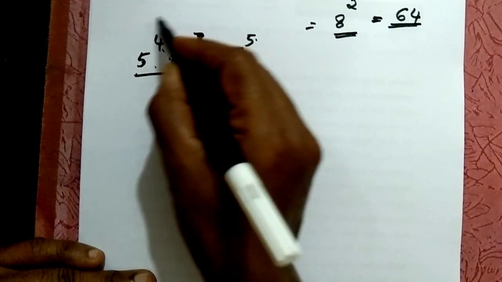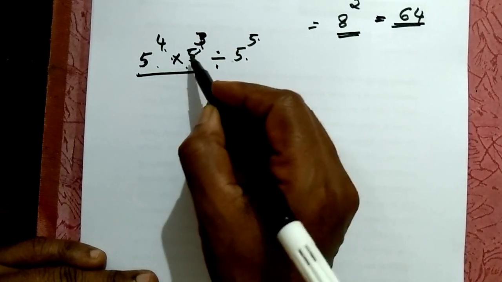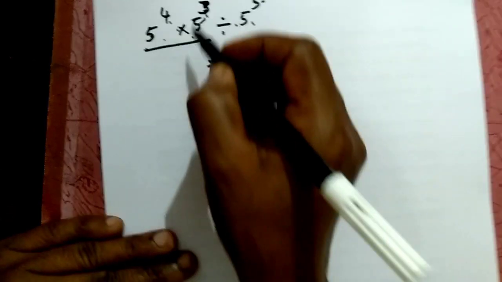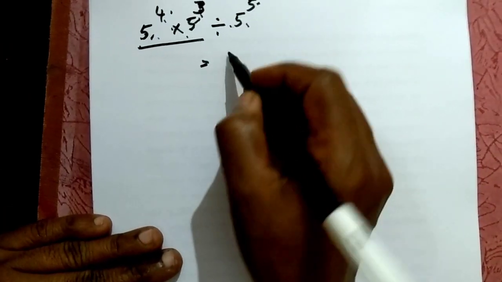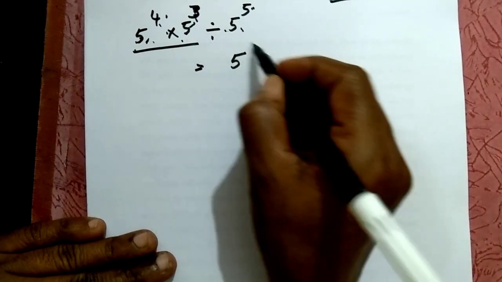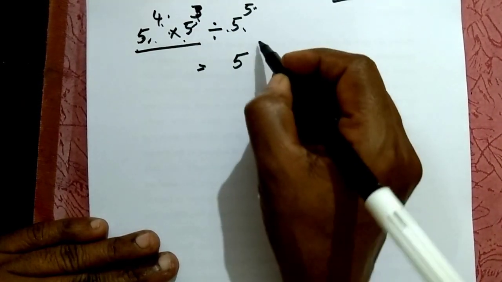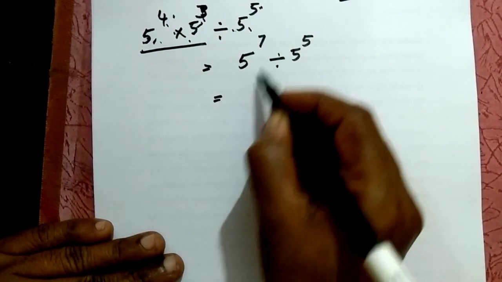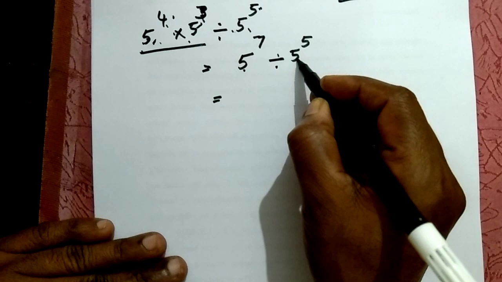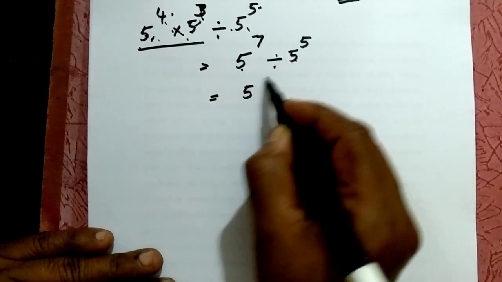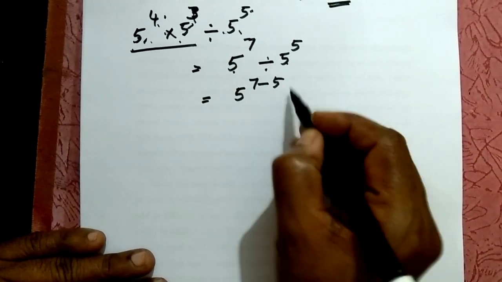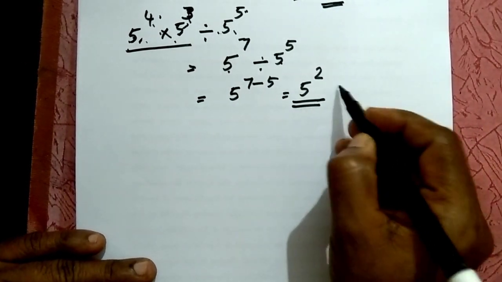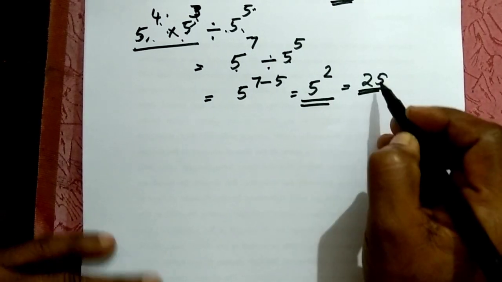The result we will get is an exponent, which is divided by 5 raised to 5. That is 5 raised to 4 plus 3, that is 5 raised to 7 divided by 5 raised to 5. This is a raised to m divided by a raised to n form. So a raised to m minus n, that is 7 minus 5, is equal to 5 raised to 2. Okay. 5 raised to 2 we can write as 25.